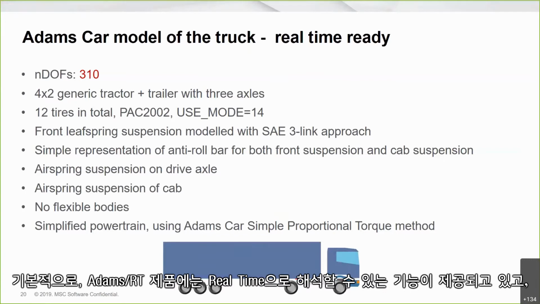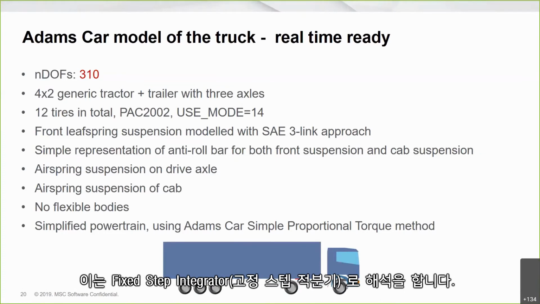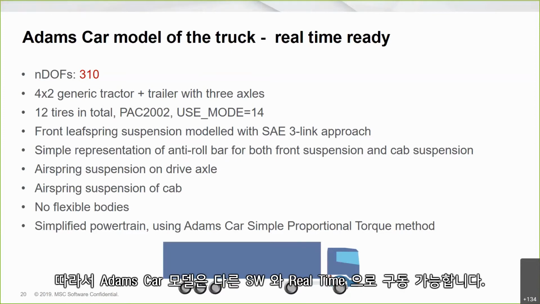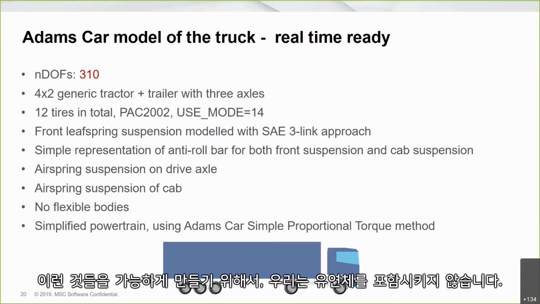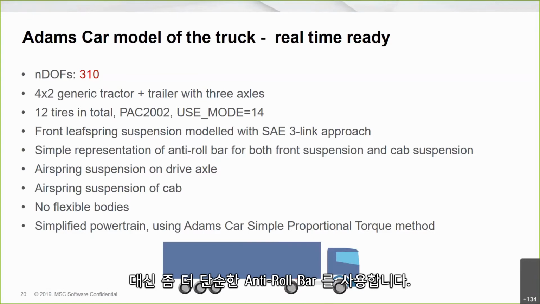So basically there's a real-time integrator, or the fixed-step integrator that we are implementing, along with some other real-time capabilities to make sure that your Adams Car model is real-time compatible. And in order to do that, usually we don't include any flexible bodies, and we use a rather simplified, for example, anti-roll bar.